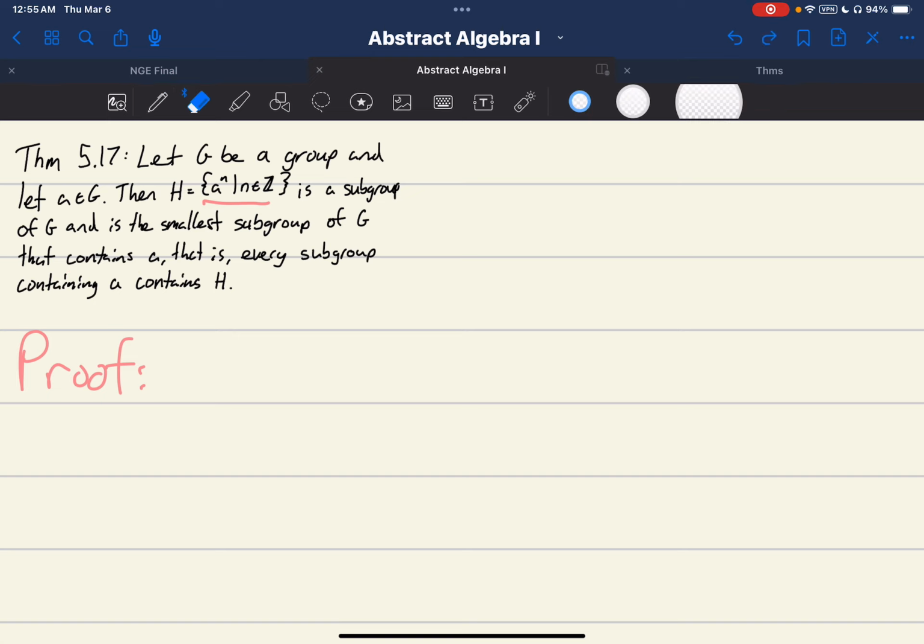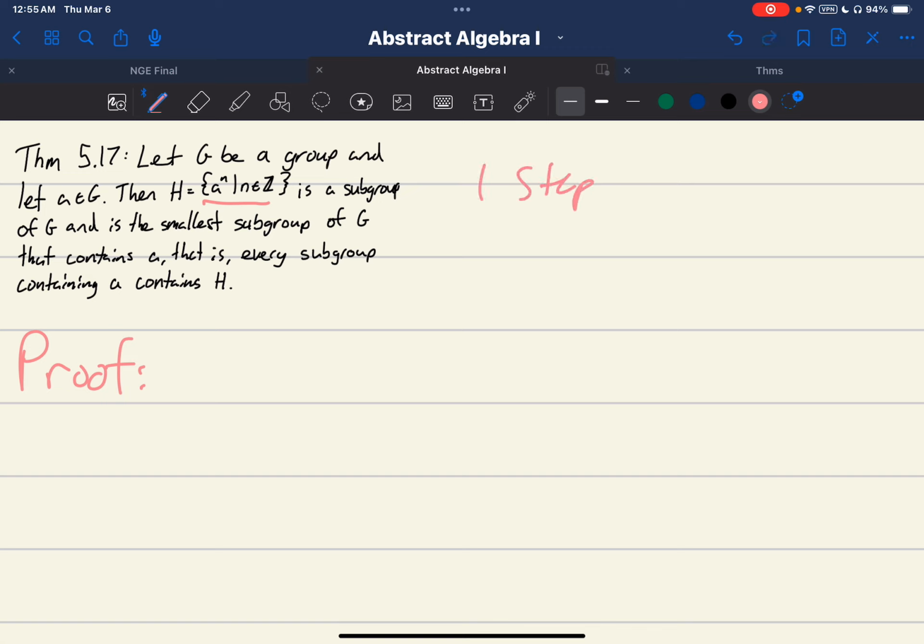When I originally proved this on my little flashcards, I did not use what Webson loves to call the corollary. I've seen this called the one-step subgroup test. So we're going to use that today.